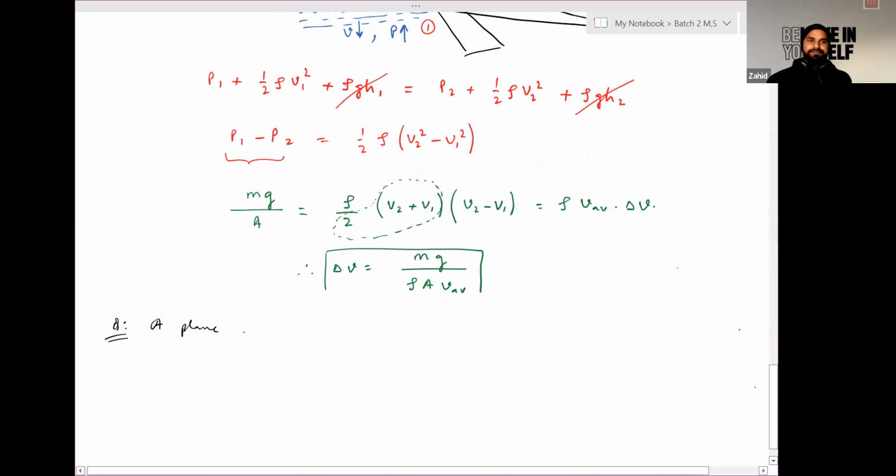A plane moving at 900 km per hour, having total mass of 2 into 10 to the power 3 kg.